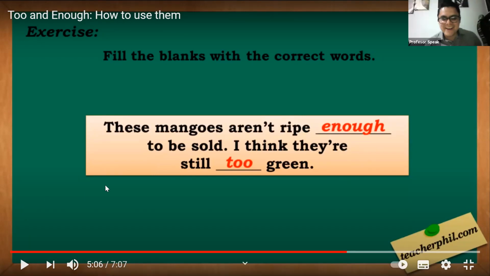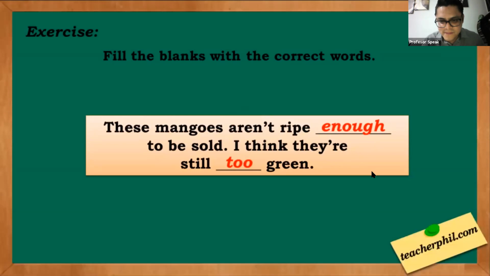All right. To simplify this, ripe means when any fruit is ready to be eaten. So that's ripe. These mangoes aren't ripe enough to be sold. I think they're still too green.